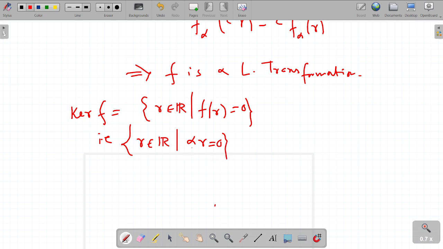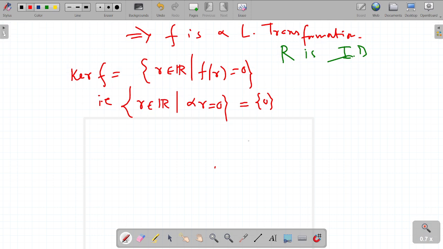Now recall that alpha was not 0, and capital R is an integral domain. This is very crucial. So for that reason this kernel of f must be 0, because alpha is not 0, so r must be equal to 0. For alpha r to equal 0, I need r to be 0.